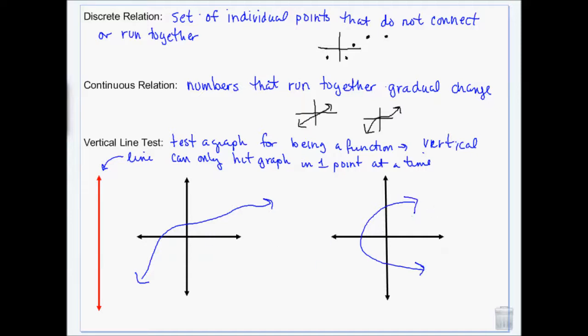Okay. If I take this vertical line and as I move it across my paper, do you see how it's only touching that blue line once in one spot? So this is a function. Oops, I'm moving the wrong thing. But when I come over here, it's touching it in 2 spots.